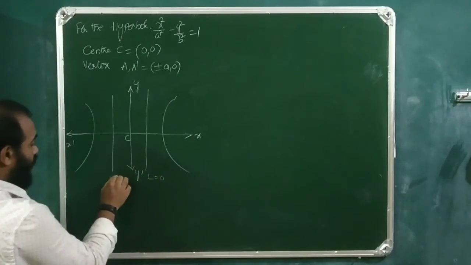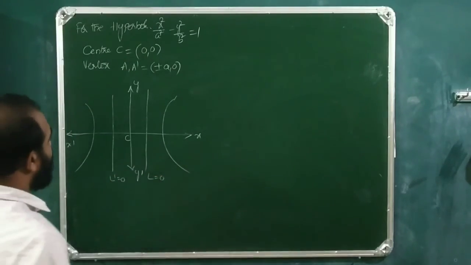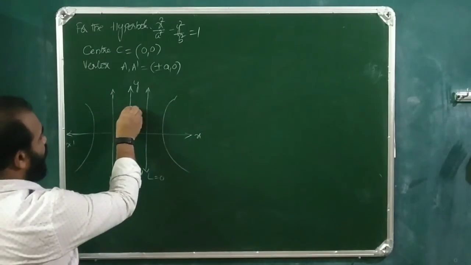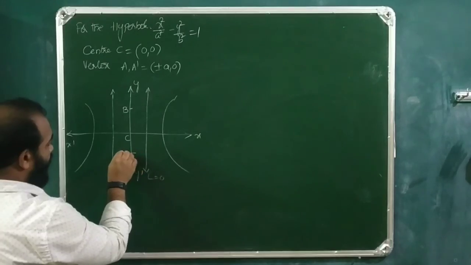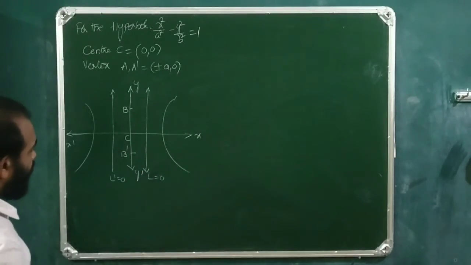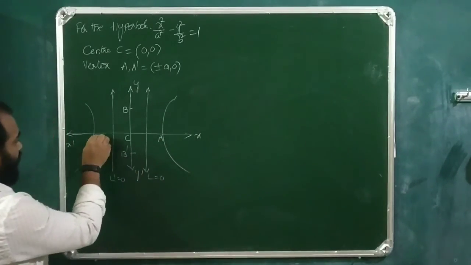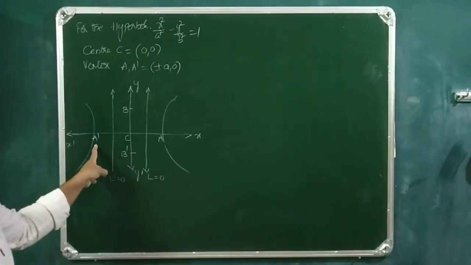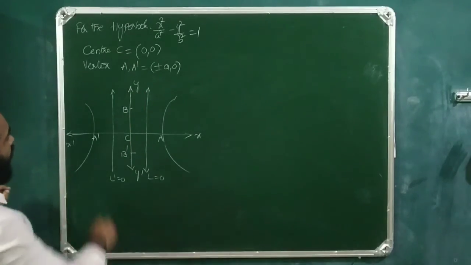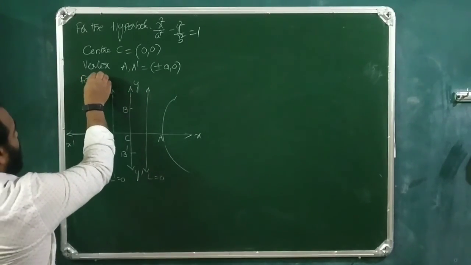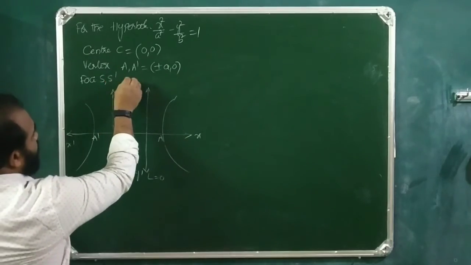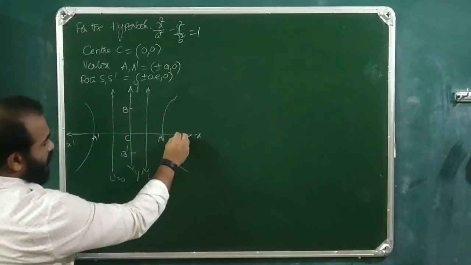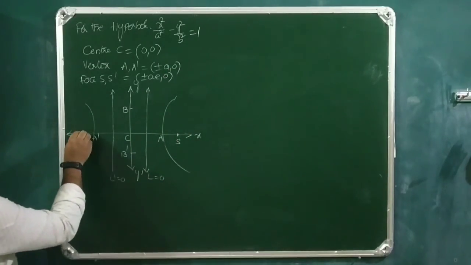L equals to 0, L dash equals to 0. This is B, B dash, A, A dash. So vertices are a comma 0, minus a comma 0 and foci S, S dash is equals to plus or minus a e comma 0. This is focus and this is the second focus.